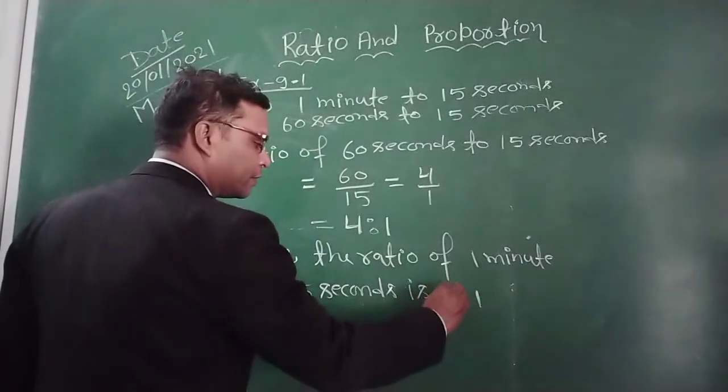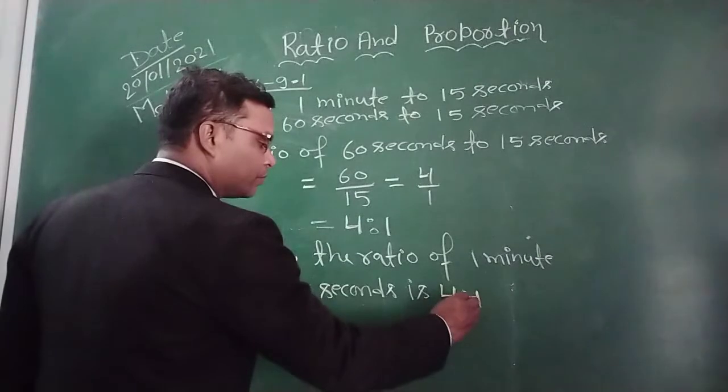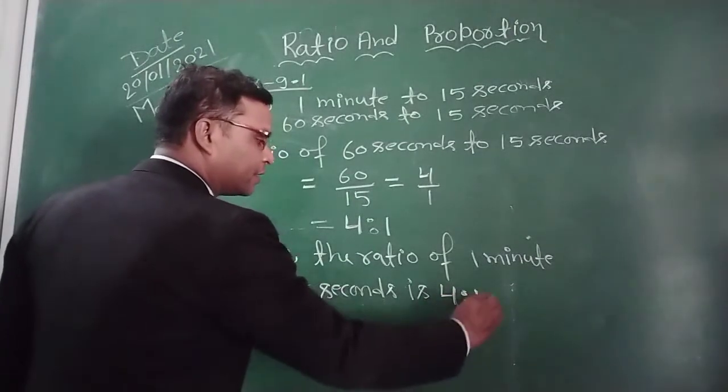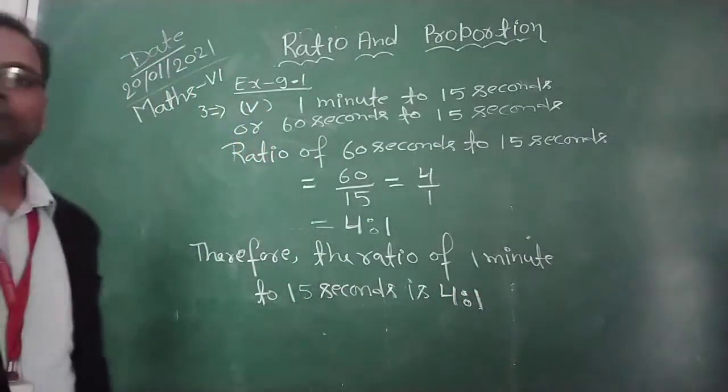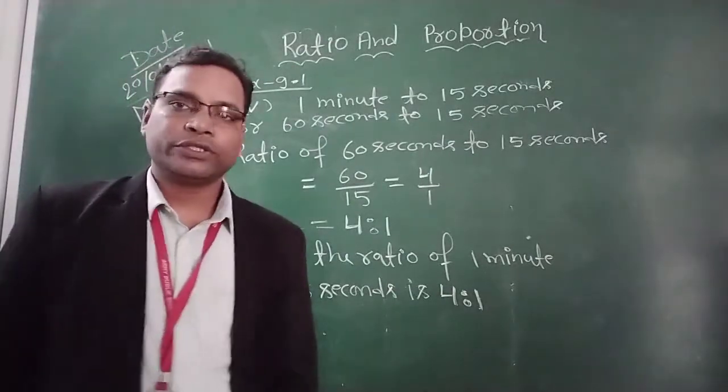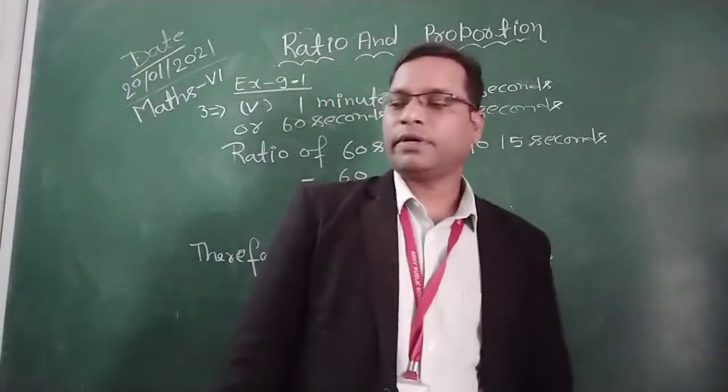Clear? 1 minute to 15 seconds is 4 ratio 1. This is clear. So students, I hope all of you understood these questions.